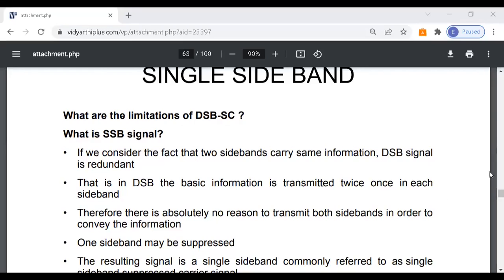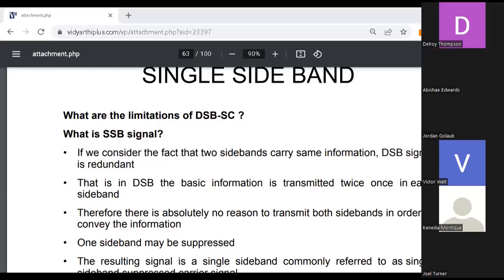So we are saying that if we have our main signal and we have two sidebands, one of the sidebands must be redundant because the two sidebands are carrying the same information.